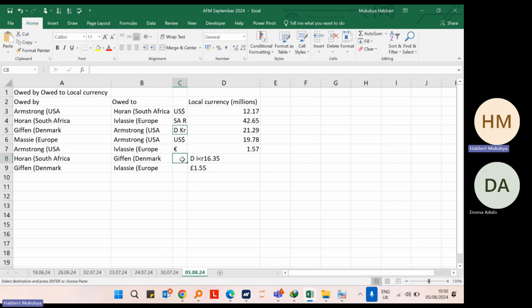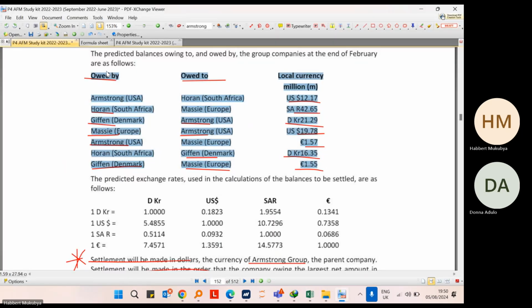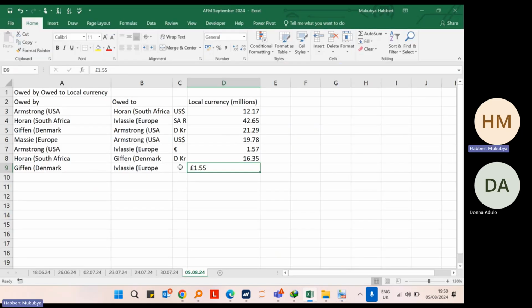Then we have the crowns here, then another euros here. So these are the figures.